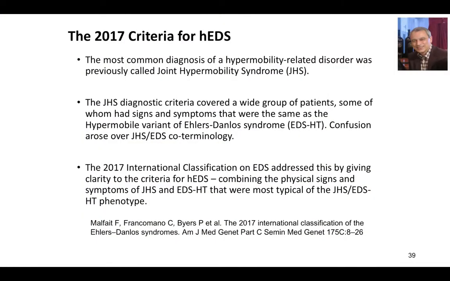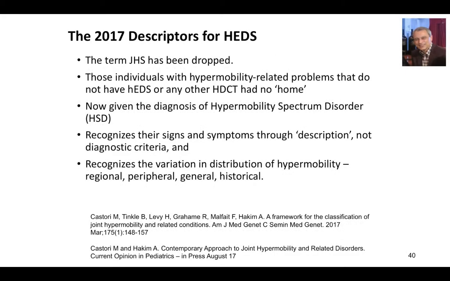And again, Alan and Marco Castori have recently published an amazing paper trying to clarify the thoughts behind the hypermobility spectrum disorder. And that's really recognizing that we're describing the symptoms rather than giving specific diagnostic criteria.